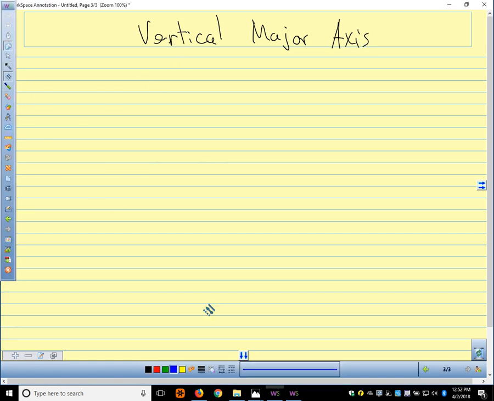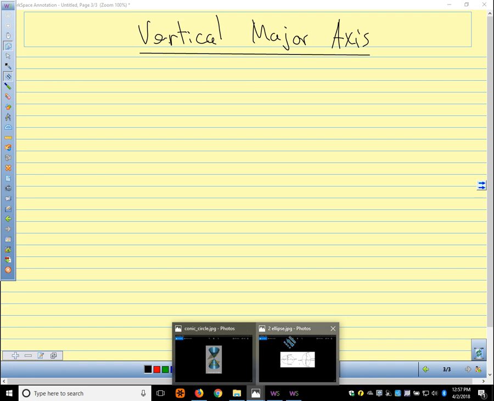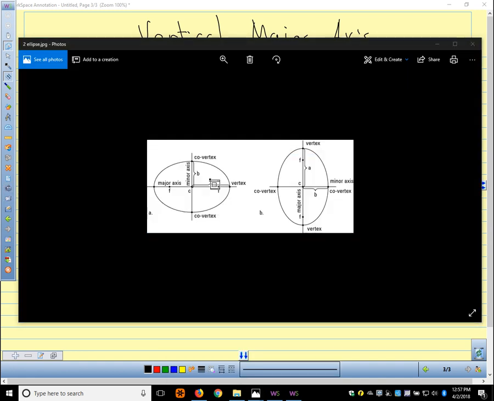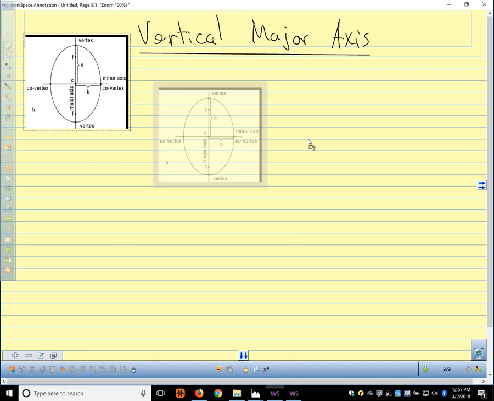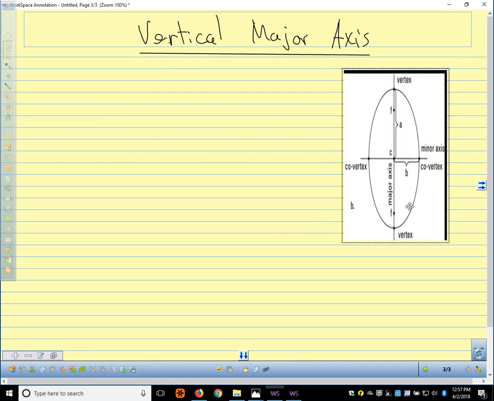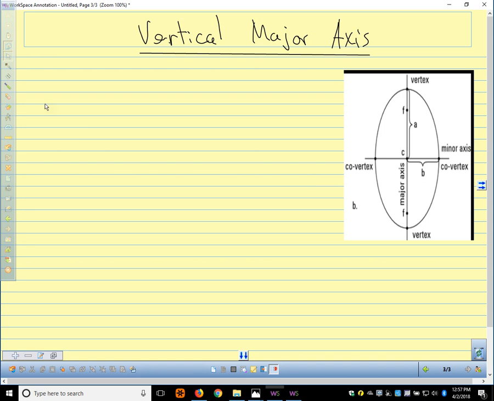So for this one, I'll get a different picture. Everything is the same, all the distances. We're just turning our ellipse.